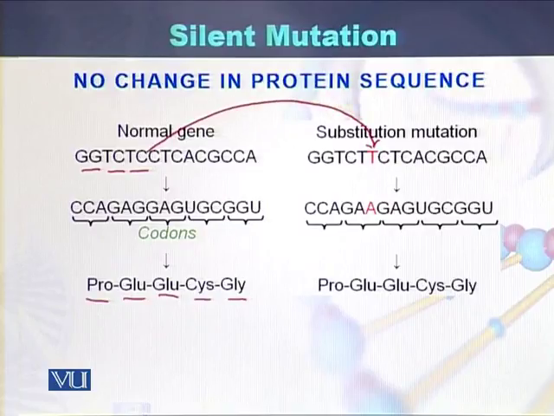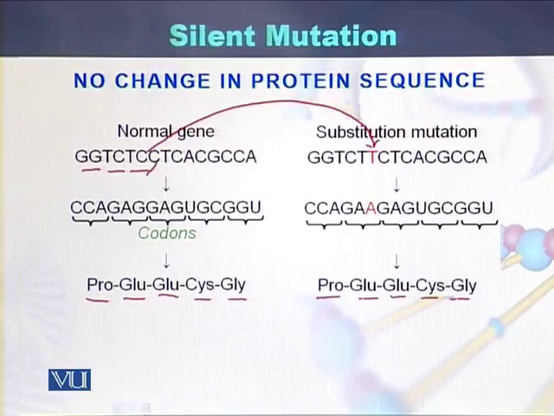So at the DNA level, there is a change in the nucleotide. As a result of this nucleotide change, we see that the sequence of the amino acids remains the same: proline, cysteine, glycine. So there is a change at the DNA level, but no change at the protein level.